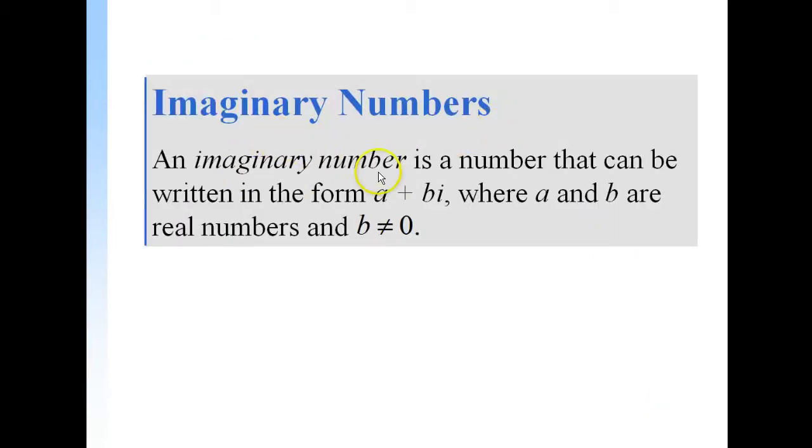Imaginary numbers. An imaginary number, by definition, is a number that can be written in the form a plus bi. This is called the standard form of complex numbers, where a and b are real numbers and b cannot equal 0, because if b is 0, this is just a real number.